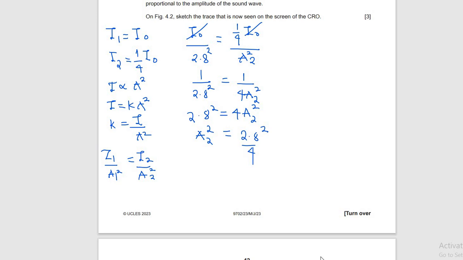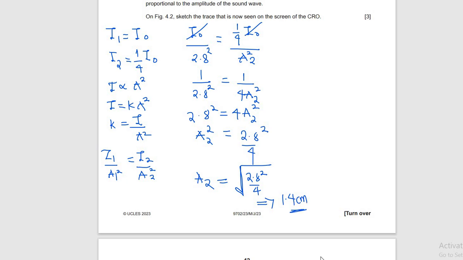Square root of 1.96 is 1.4. At the end of the day, the new amplitude is the square root of 2.8 squared over 4. So the new amplitude, when the intensity has been reduced by 1/4, is 1.4 centimeter.